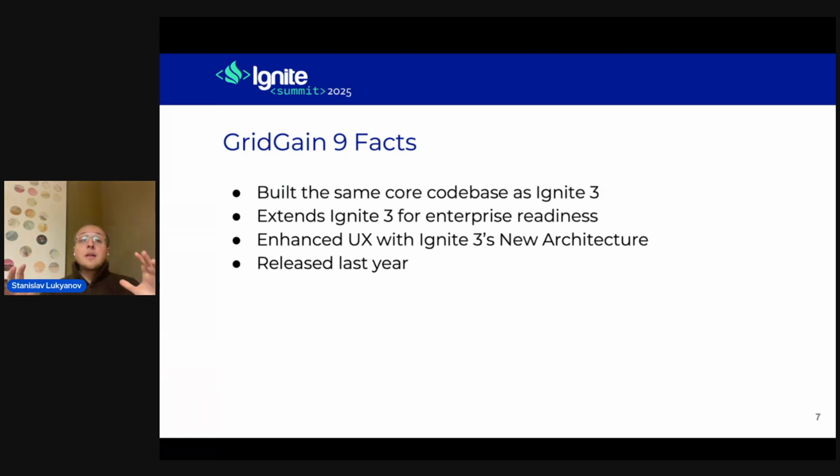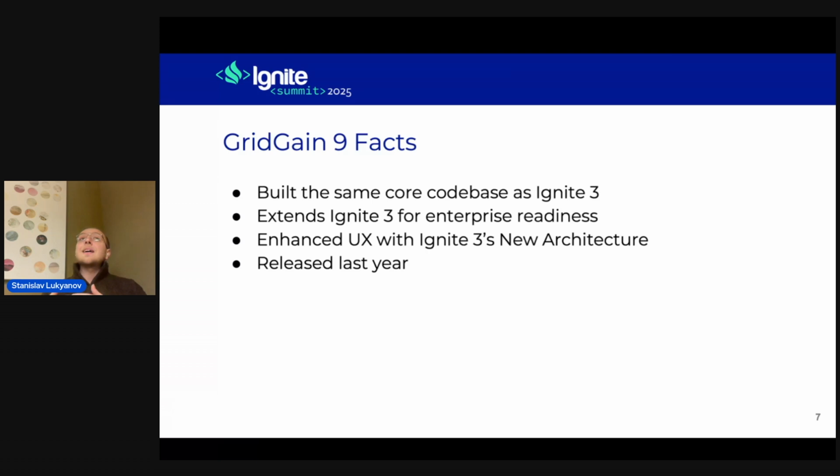A few facts about GridGain 9 itself. GridGain 9 is built on the same code base as Ignite 3. So GridGain 9 is a part of the next generation of the products in our ecosystem. GridGain 9 builds on top of Ignite 3 and extends Ignite 3 with these additional features for enterprise readiness.